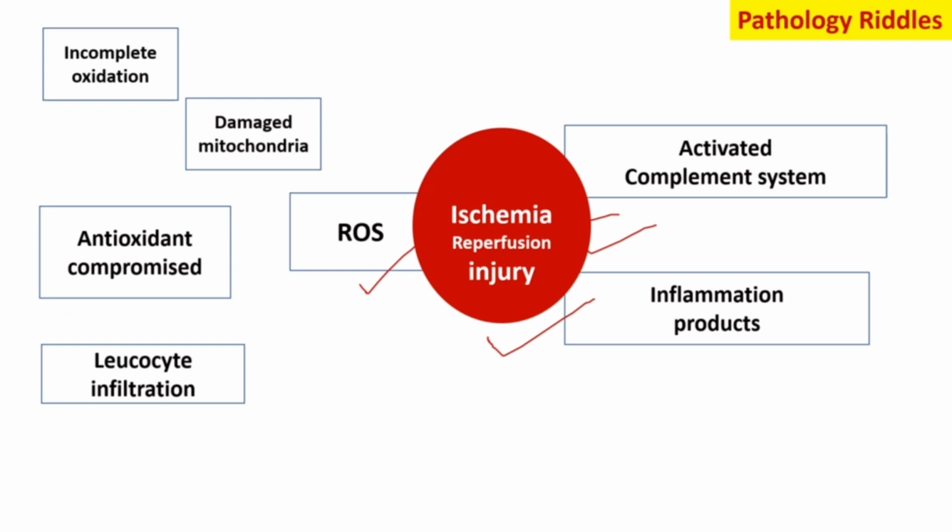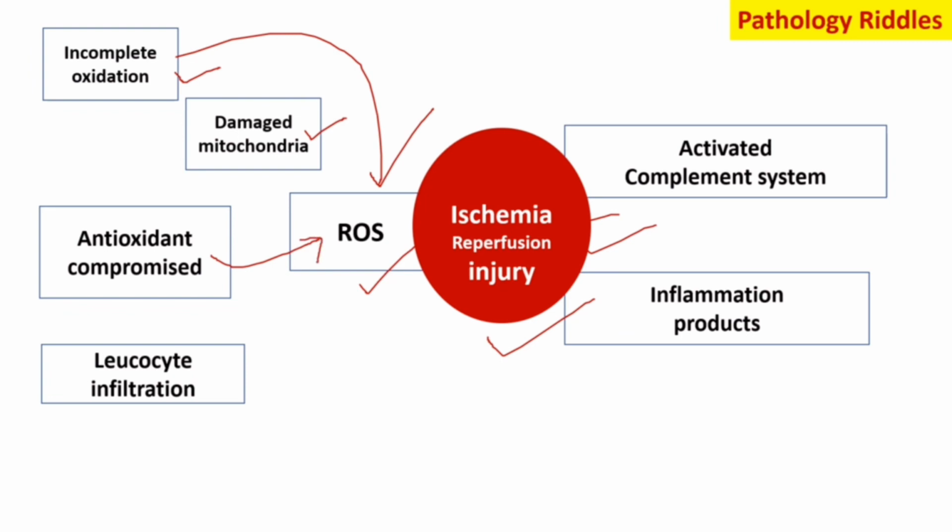In that damage, the mitochondria of some cells are damaged, so there is incomplete oxidation, and that results in reactive oxygen species. Second, because of the damage, the antioxidants, that is the enzymes that remove the reactive oxygen species, are compromised or reduced. As a result, there is increased reactive oxygen species.